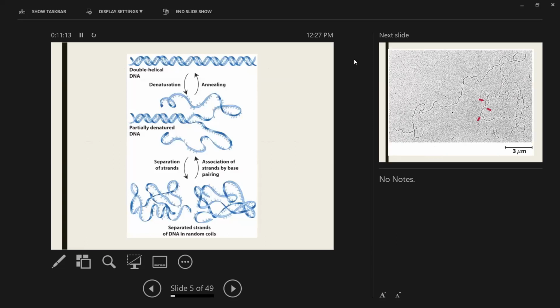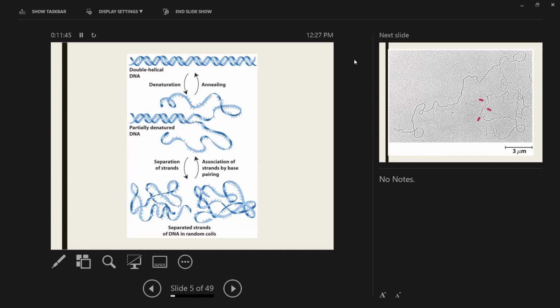So this essentially shows you the basic theory behind this set of experiments. DNA, if you heat it, the bases will tend to breathe, as it's called. This breathing is part of the thermal motion of a molecule. All molecules have thermal motion. Proteins have thermal motion, nucleic acids do too.